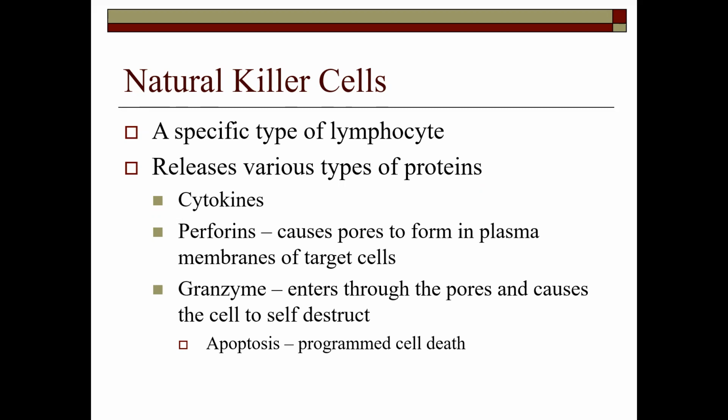So I kind of say, if some white blood cells are like the police and some white blood cells are like the army, the natural killer cells would be like the highly trained, specialized assassins, like the Navy SEALs of the immune system, because they are so good at killing these bad guys.